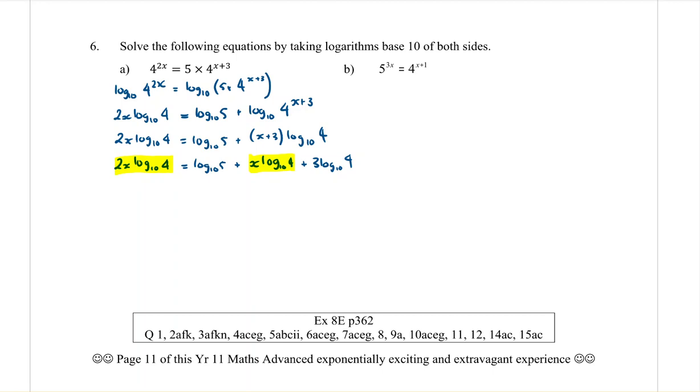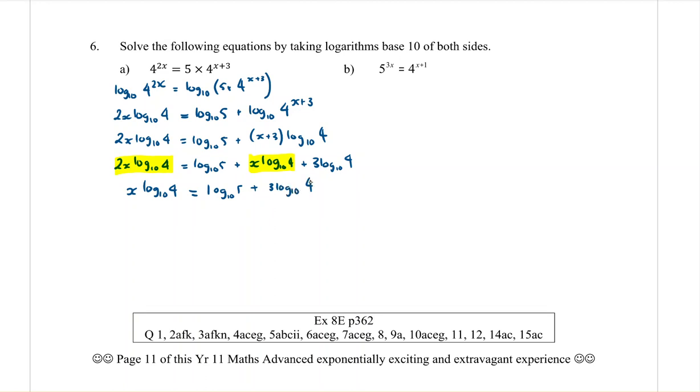So that means if they're like logs, we can do what we always do and we can collect up those like terms. So 2x, when I move that across, I'll be subtracting it. Subtract 1x would be 1x, or just x, log 10 of 4. And that then leaves my log 10 of 5 and my 3 log 10 of 4.